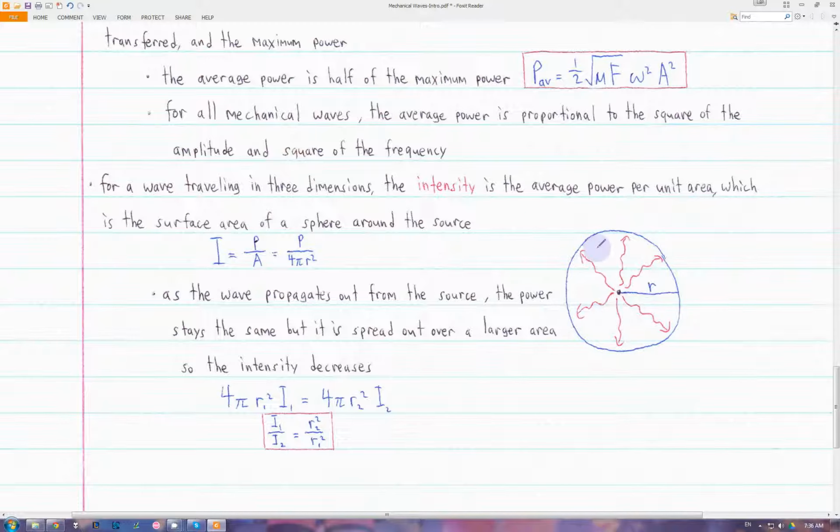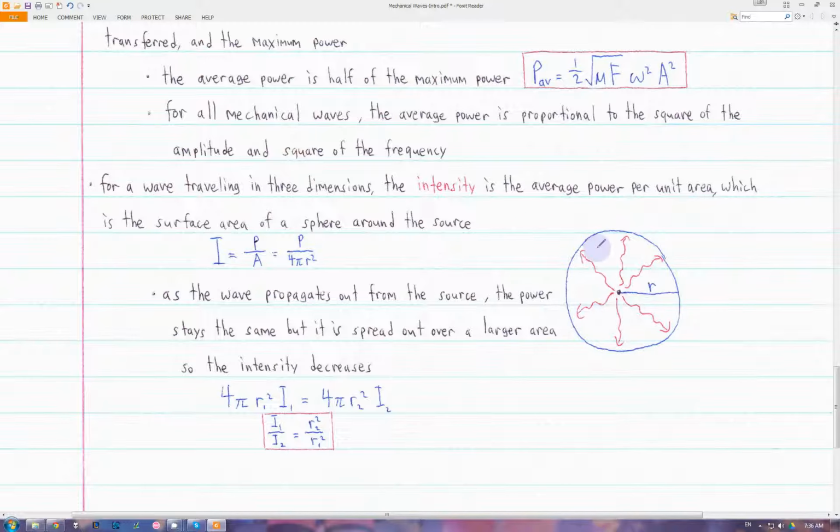As the wave keeps traveling outwards, the average power always stays the same, as long as it doesn't lose any energy. But the area that it's spread out over will increase. So the intensity decreases as a wave goes out from its source.